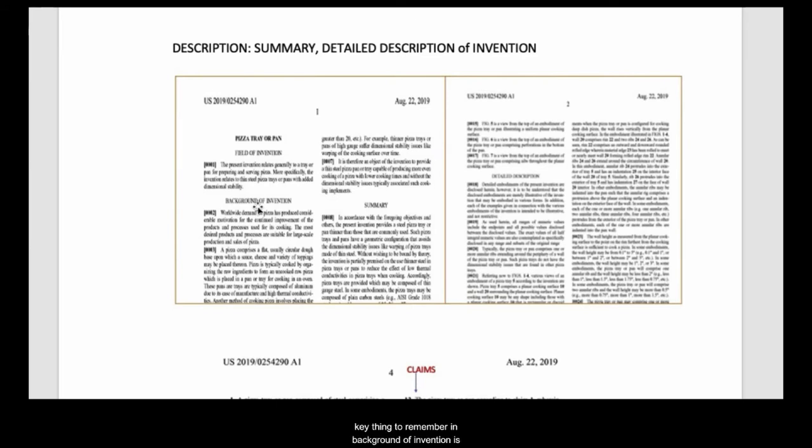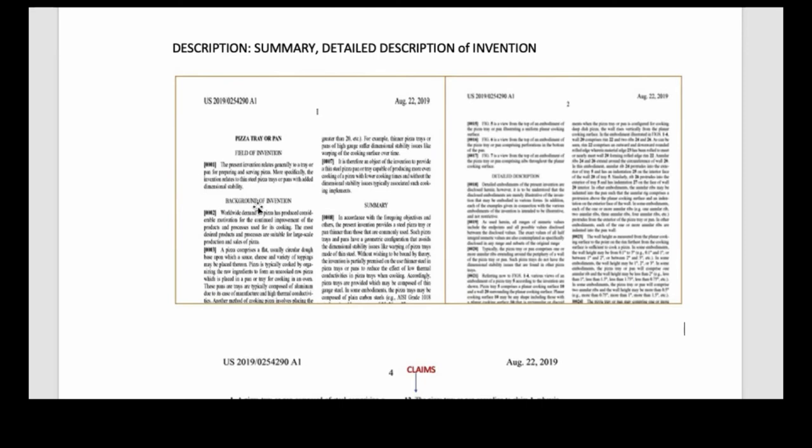But the key thing to remember in the background of the invention is that the problem still remains, which leads us to the present invention, which is going to solve that problem, and which is described in detail in the detailed description of the invention. And a summary, as the word implies, summarizes the invention in maybe a paragraph or two.